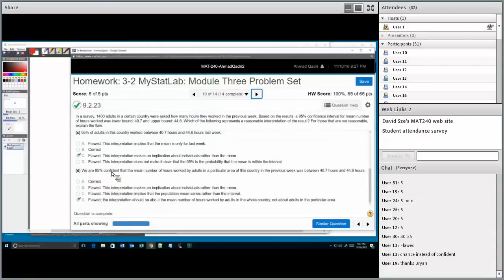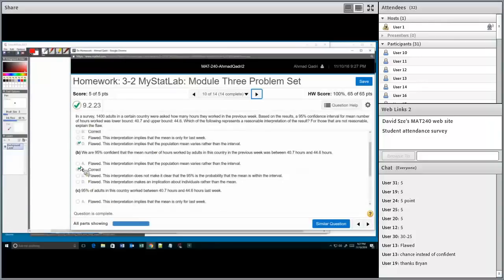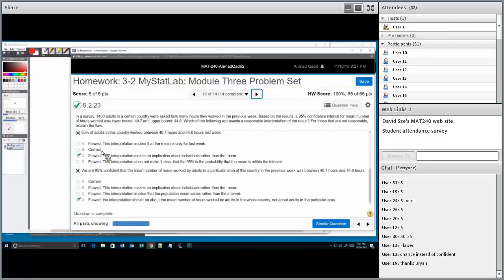We are 95% confident, so far is correct, that the mean number of hours worked by adults in a particular area of this country in the previous week was between 40.7 and 44.6. This is wrong, because look at the problem statement. By the way, B and D are very much the same. B was correct. D is almost like B, but there's one problem with it. You're saying in a particular area of the country. Nowhere in the original problem did it say that this is a particular area of the country.